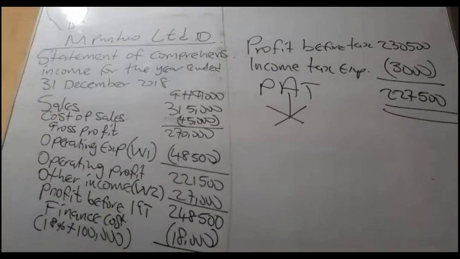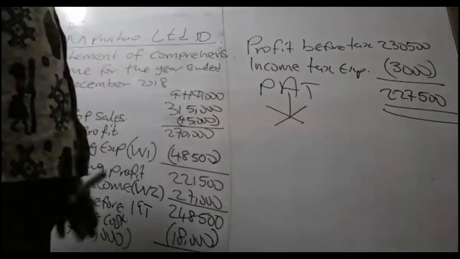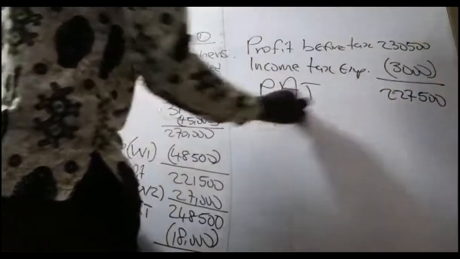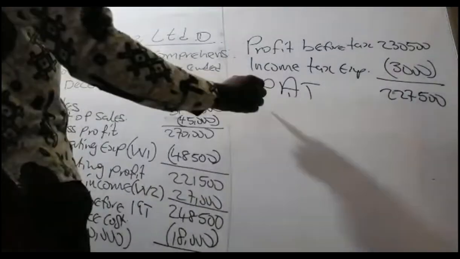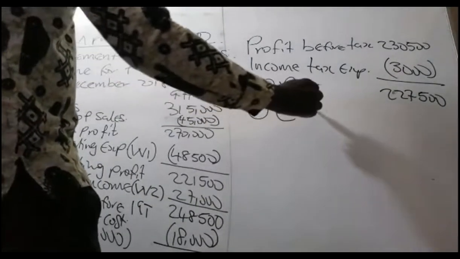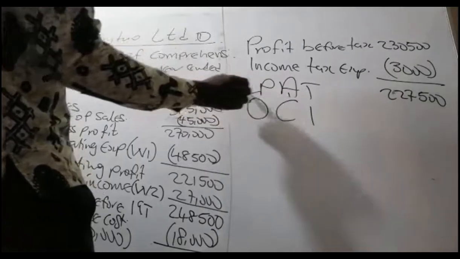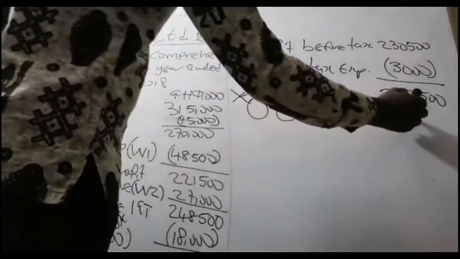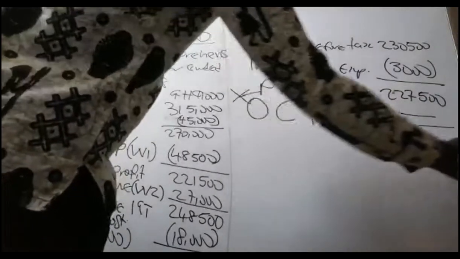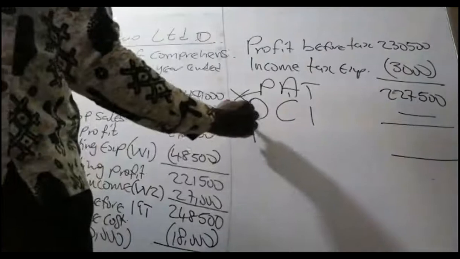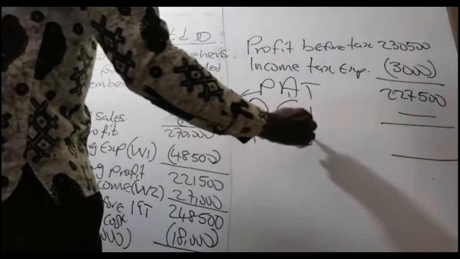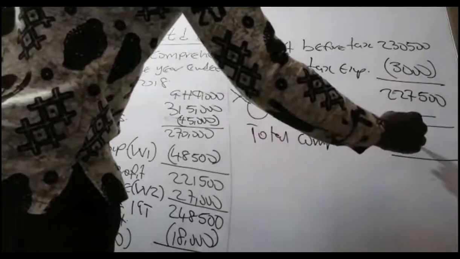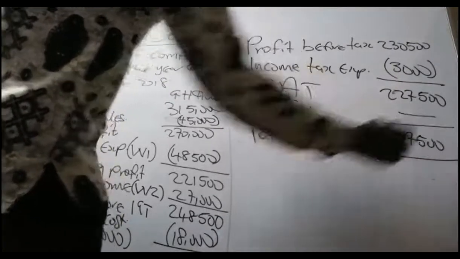For the profit and loss section we are done, but for the comprehensive income, we can move further and tell the examiner that OCI, other comprehensive income, please no shortcut to these two. Write them in full. So other comprehensive income is dash. So therefore, total comprehensive income will still be 227,500.